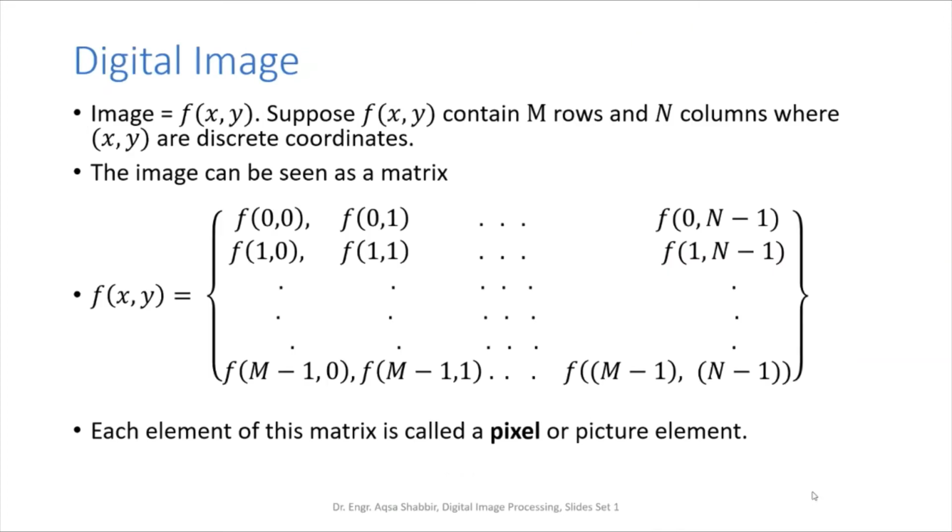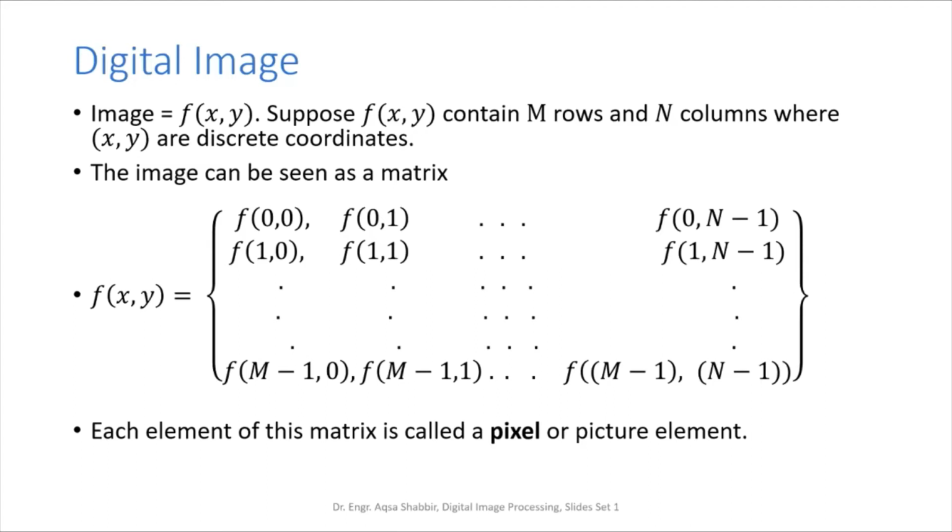An image is represented by a function f of x, y, where x and y are discrete coordinates. This function f of x, y can be expressed as a matrix, as is shown over here. The matrix contains m rows and n columns.